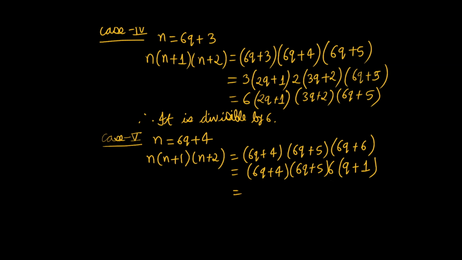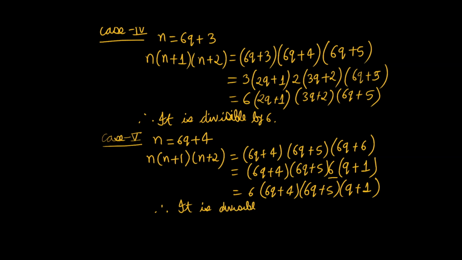So we can write this 6 here, 6q plus 4, 6q plus 5, and q plus 1. Hence, it is divisible by 6.